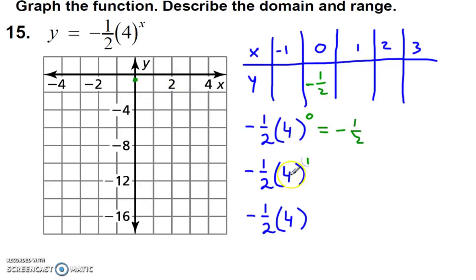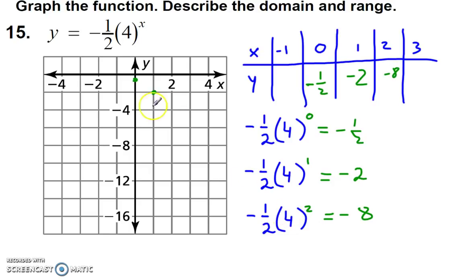Plug in 1 there. 4 times negative 1/2 is negative 2. So at 1, we are at negative 2. And then plug in 2. 4 squared times 1/2 is 8, so that's negative 8.